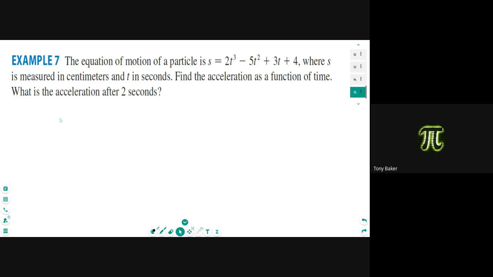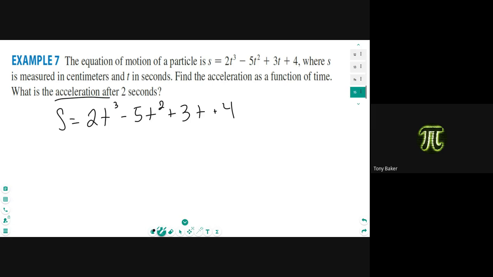So I've got s is 2t to the third minus 5t squared plus 3t plus 4. I want the acceleration. Which derivative is the acceleration? What's the derivative of the position? It's the change in y over the change in x.